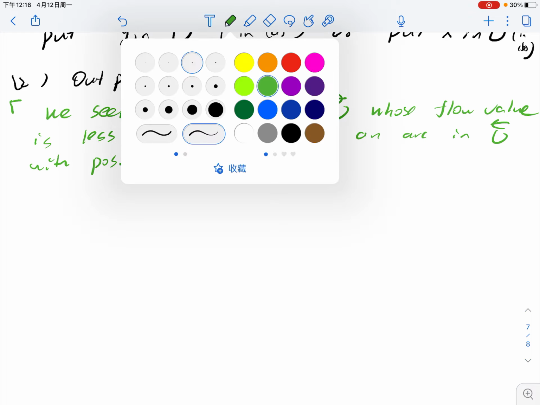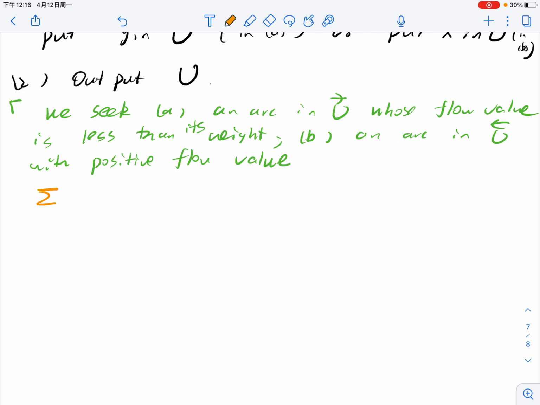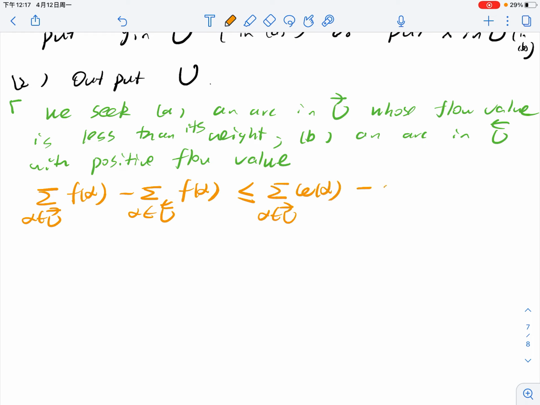And why do we want to do this? Because if we look at the inequality we used before, we will drop the second quantity and maximize the first quantity, with omega(alpha) in U hat minus 0.